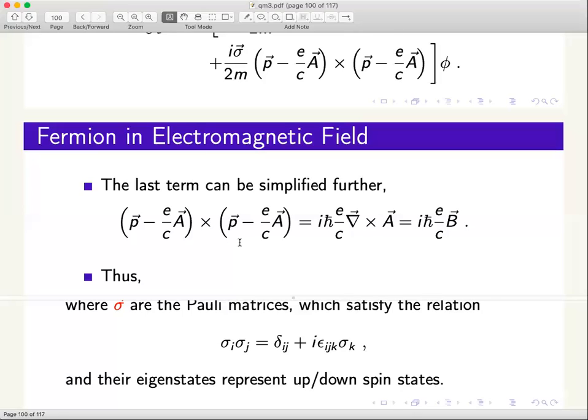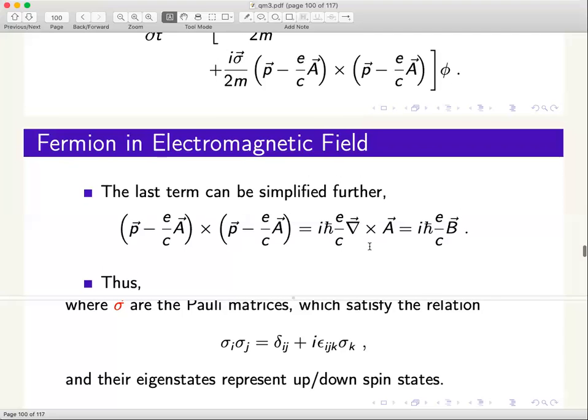The only term that survives is when P actually acts on A, and that is written as i h bar times e by c nabla cross A. That is the curl of A, the only term that survives here. Is this manipulation clear?